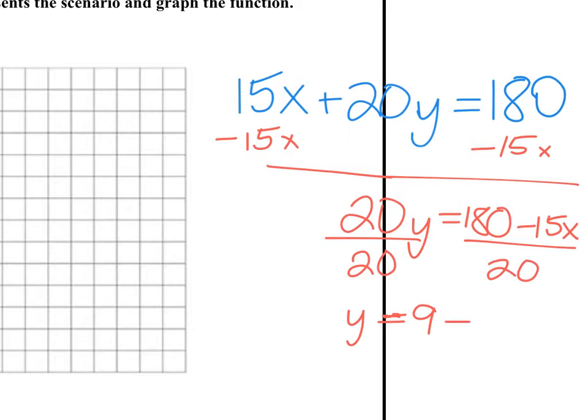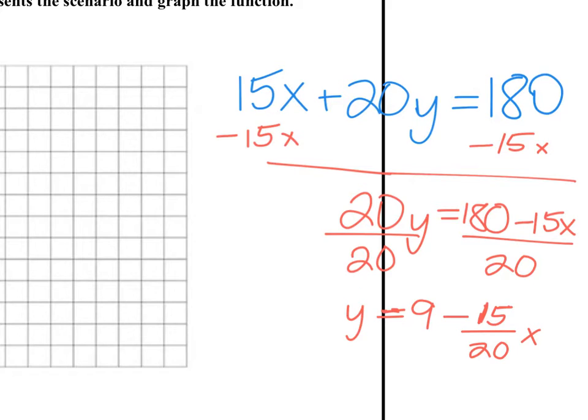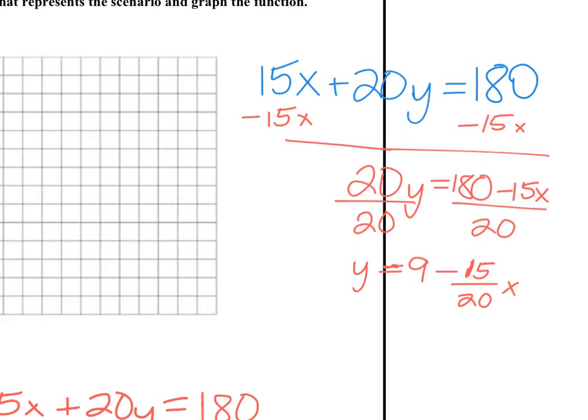And then you got negative 15 over 20x. 15 and 20 can both divide by 5. And so really this simplifies to 9 minus 3/4 x. Okay, we'll need that in a second.